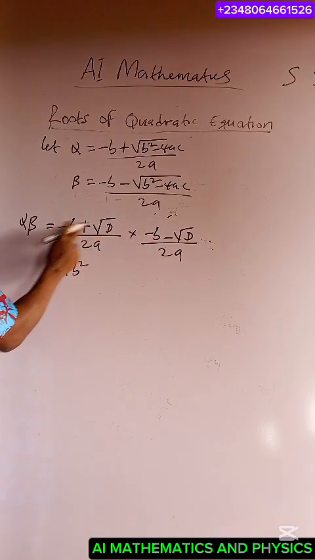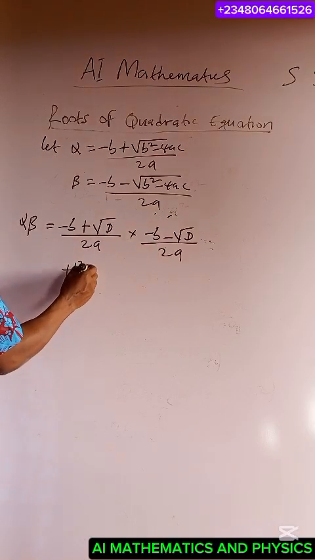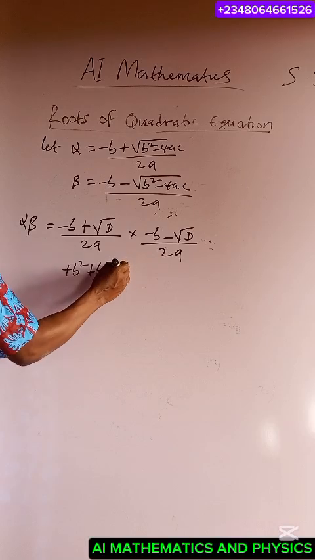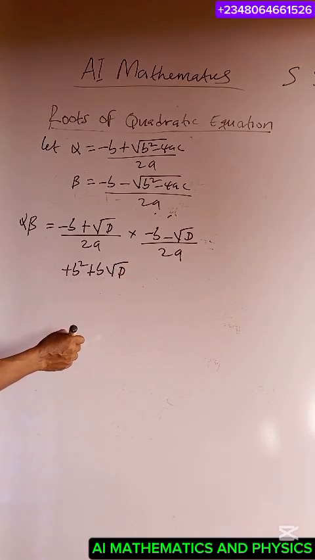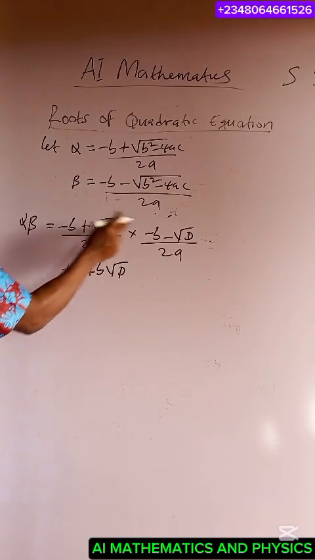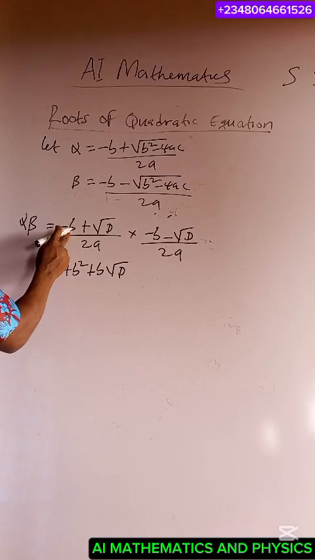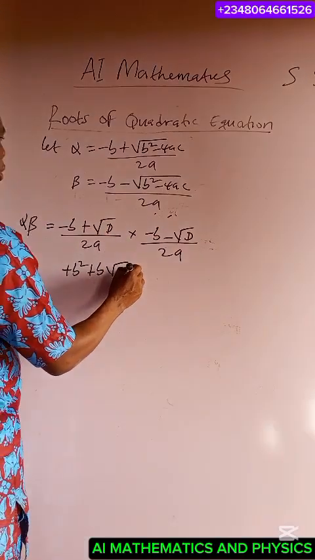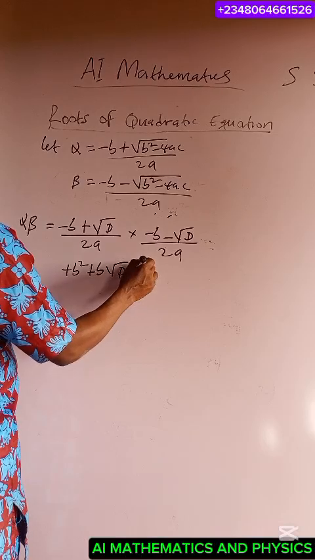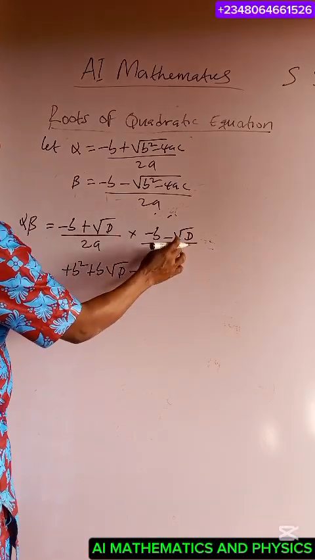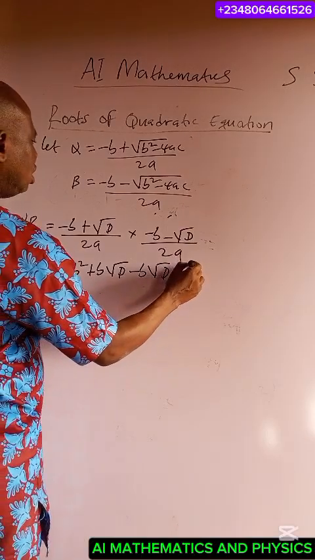And this one again times this gives us plus b root D. This times this, we got this, and this times this will give us minus b root D. Root D times minus root D is minus D.